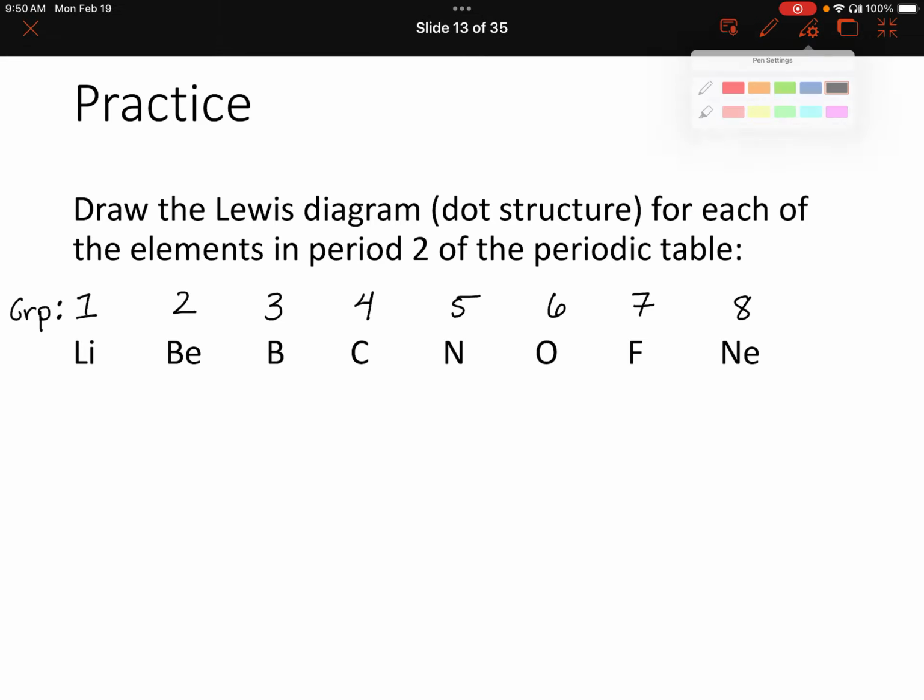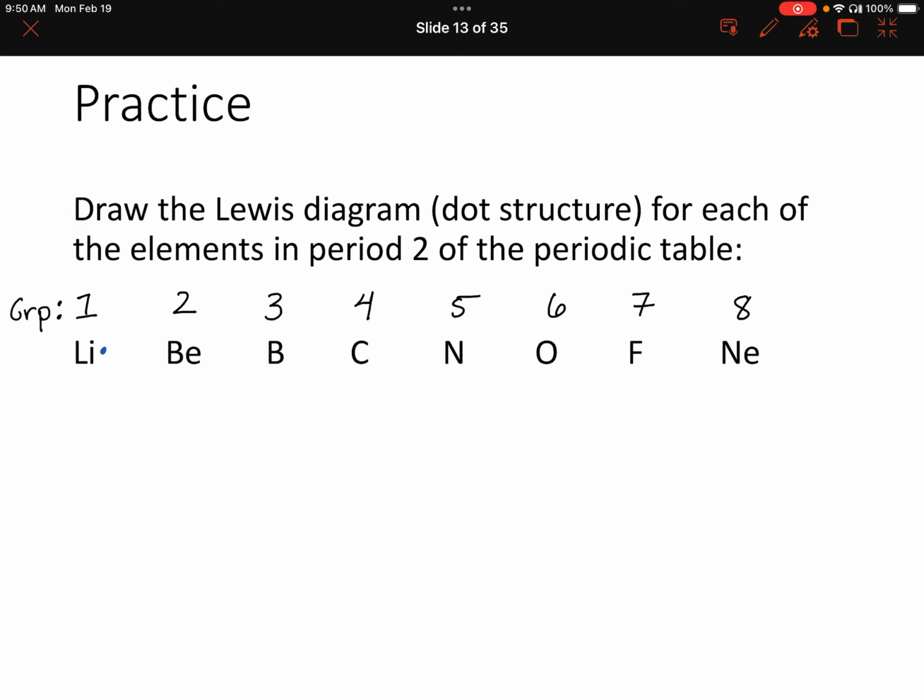So let's start drawing the dots. So lithium has only 1 valence electron. So we'll just put 1 dot on lithium, and again, that could be on any of the 4 sides, but I'm just going to choose the right side.